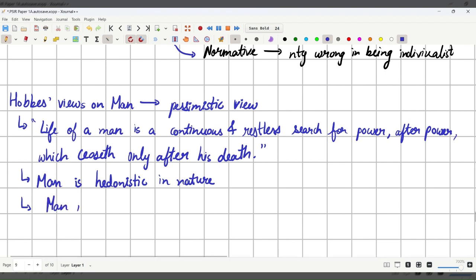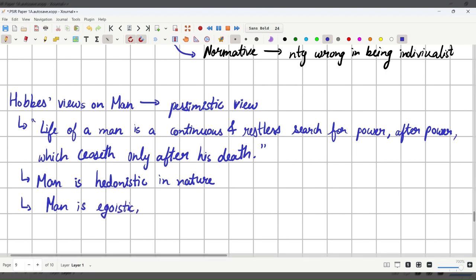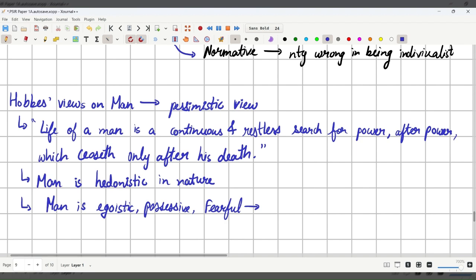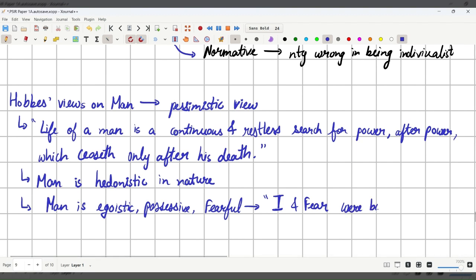Man is egoistic, then possessive, fearful, etc. That is why he quotes that "I and fear were born together." Let me give you a little context for this quote.